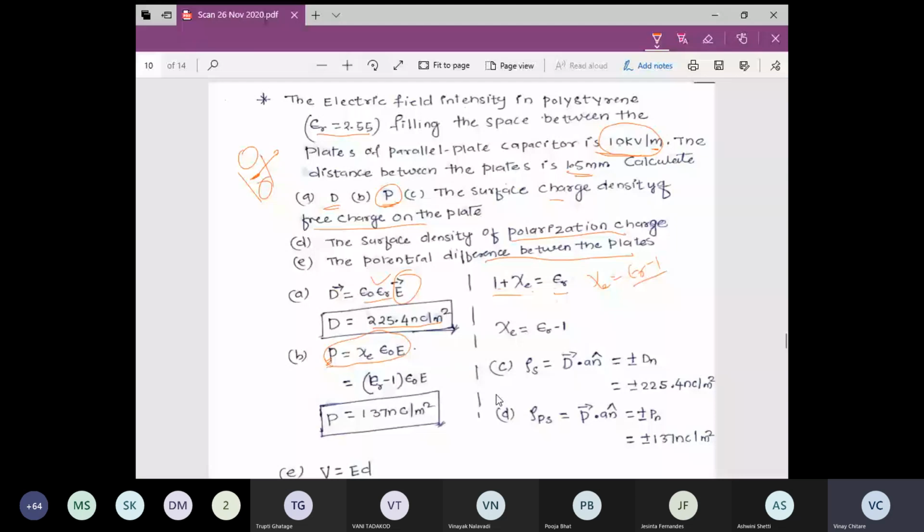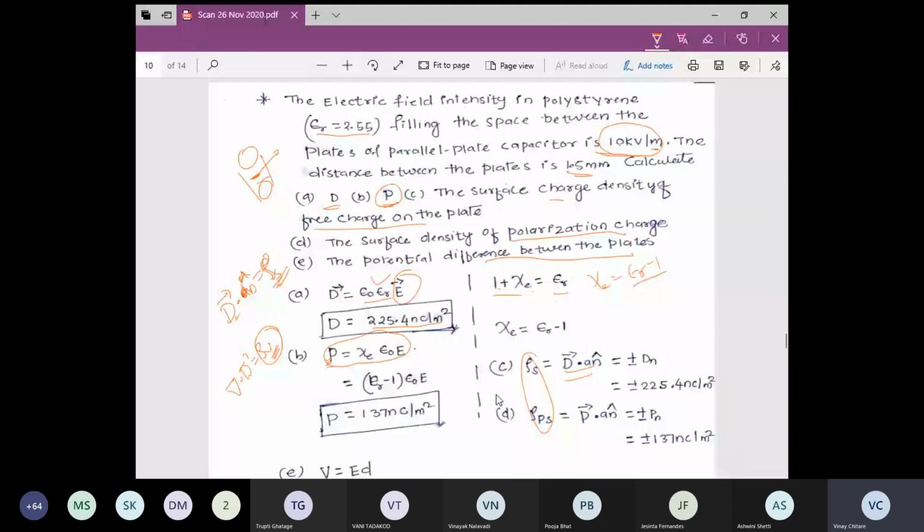Okay, now what is the free charge density? This is quite simple. As I said, we know that D dot a_n hat leads to the free charge density. Because we know that del dot D leads to the free volume charge density, then similarly D dot a_n hat should lead to the free surface charge density.